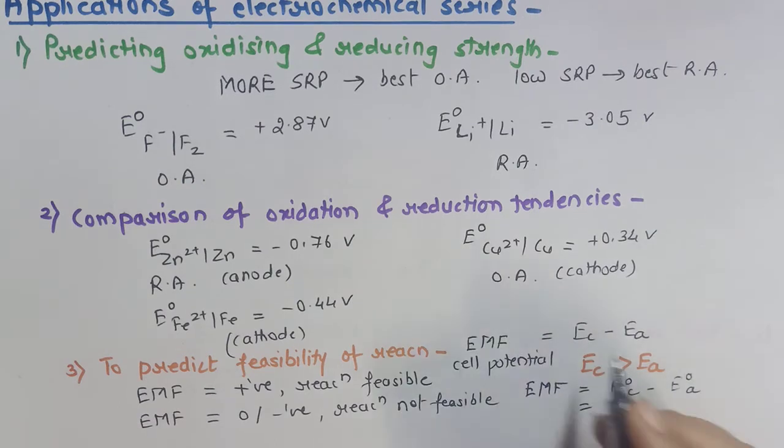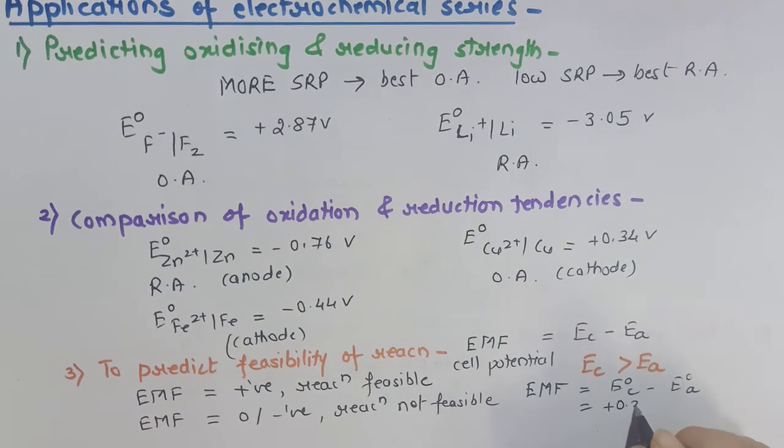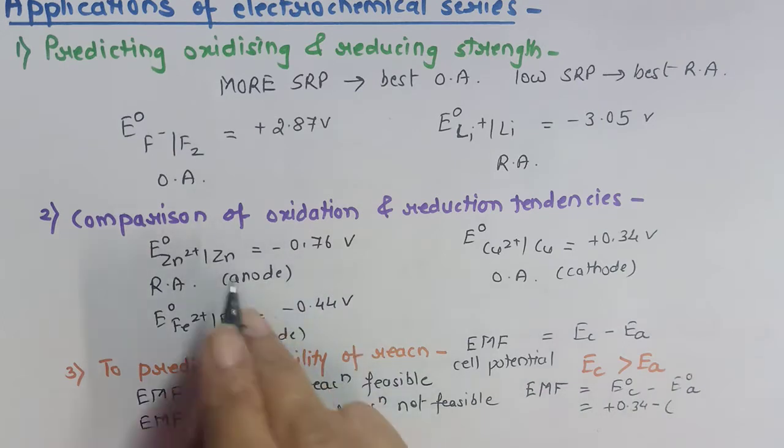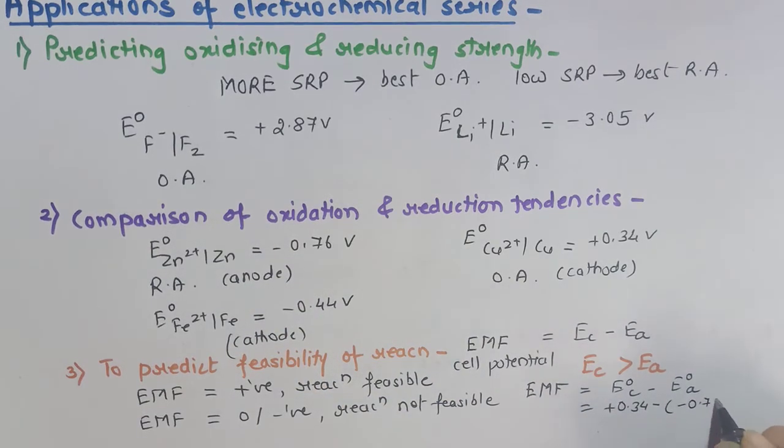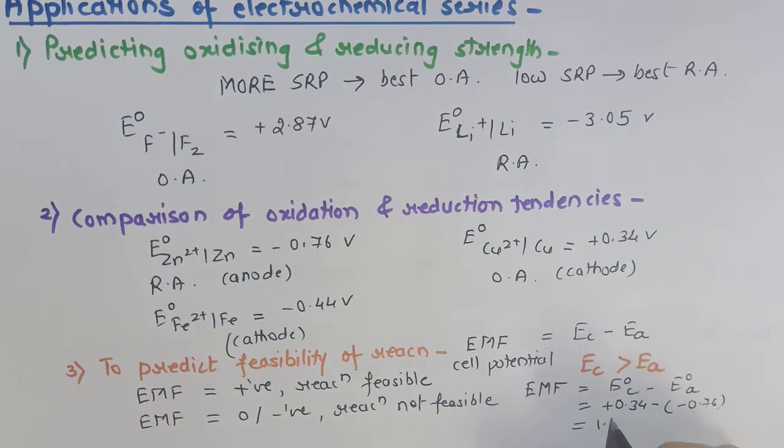The value for cathode, which is copper, is plus 0.34 minus anode, which is zinc, minus 0.76, that is equal to 1.10. The value comes out positive, and therefore since the E naught of Daniell cell is positive, the reaction between zinc and copper is possible.